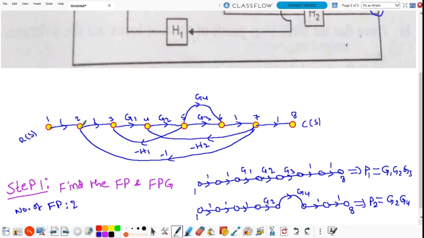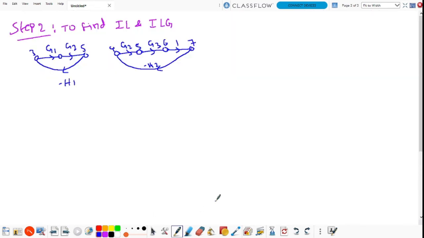Next, the third individual loop is 2 to 3, 4, 5, 6, 7, and 7 to 2.